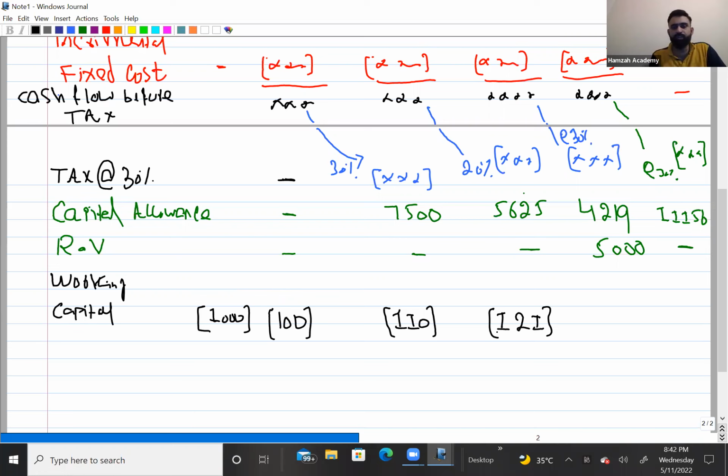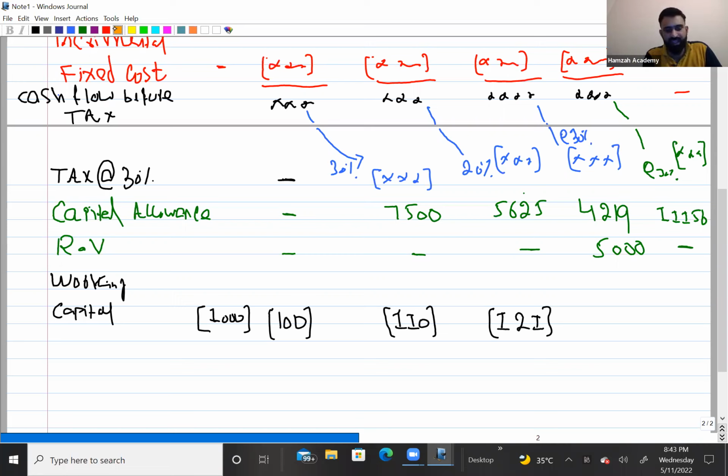So this is the total working capital which we have invested in the project: 1000, then 100, then 110, then 121. So total working capital of 1,331 has been invested in this project till the end of the 3rd year. Now the 4th year is the last year of the project.